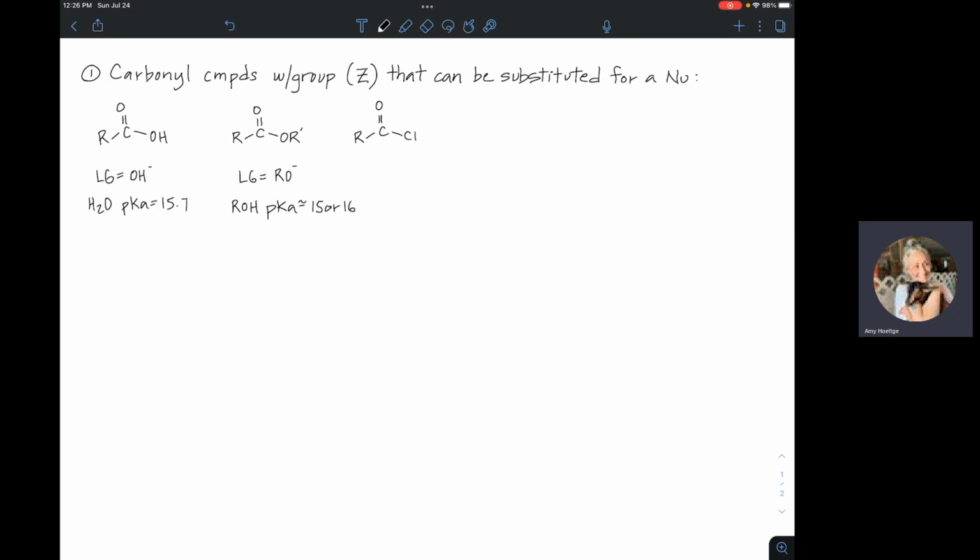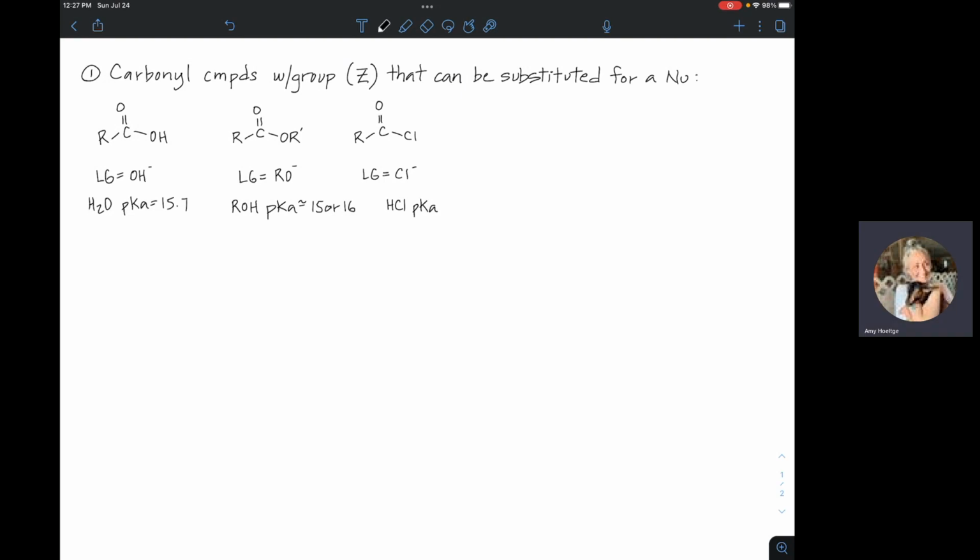So an acyl chloride or acid chloride, whatever you want to call it, the leaving group is chloride, right? It's the halide ion, so Cl minus. HCl would be its conjugate acid. Remember, the stronger the acid, the weaker the conjugate base, or in other words, the weaker the conjugate base, the stronger the acid.